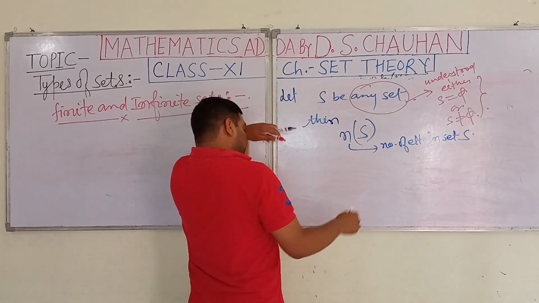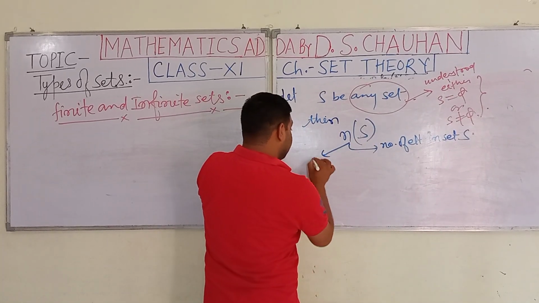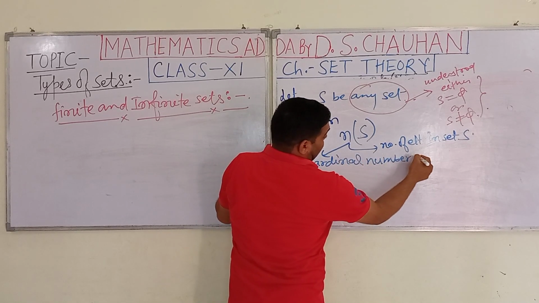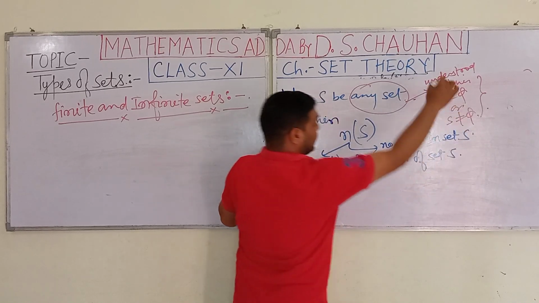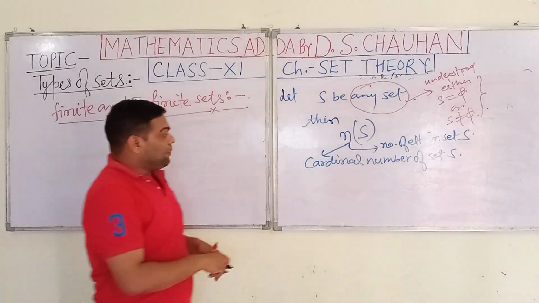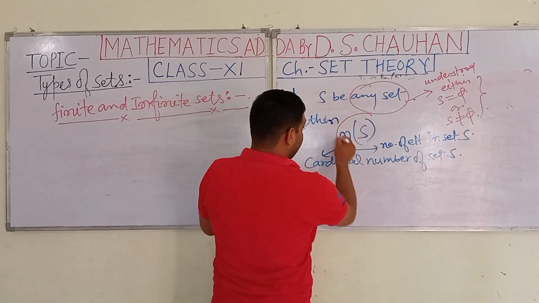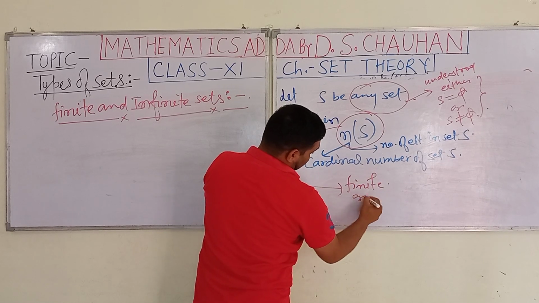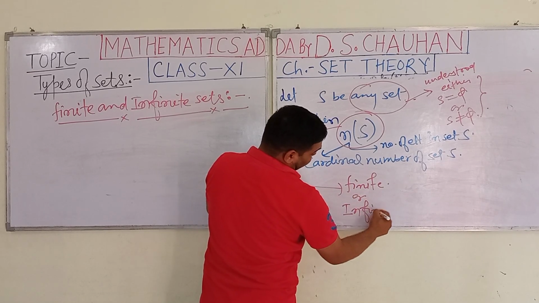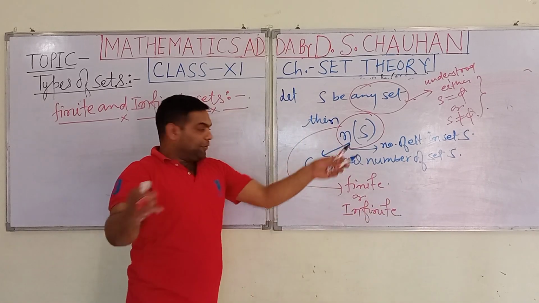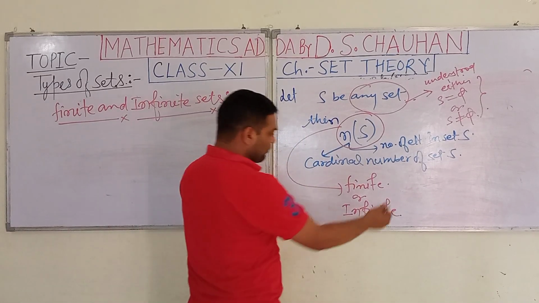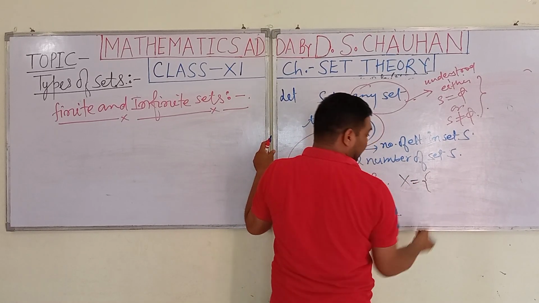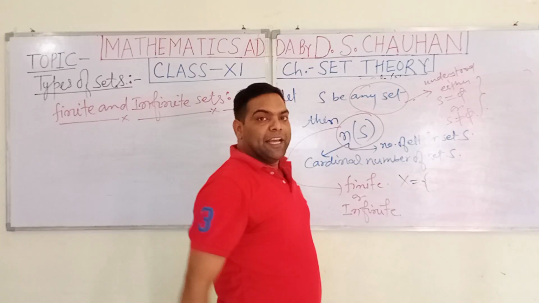Now, let S be any set, then n(S), read as number of elements in the set, is called the cardinal number of set S. Well students, this cardinal number can be finite or infinite.